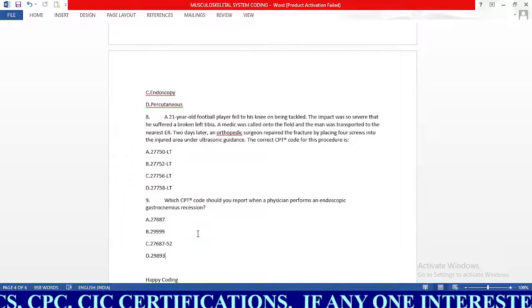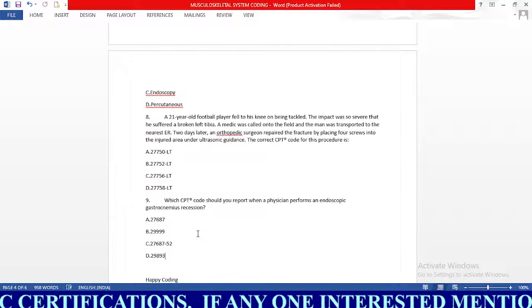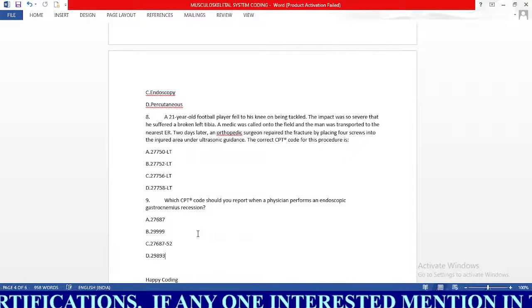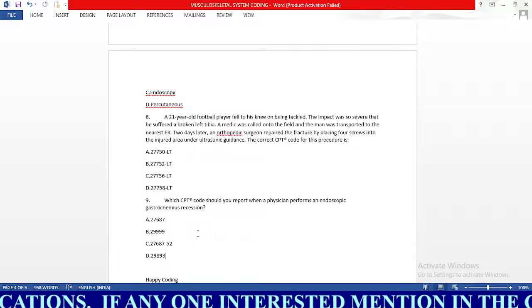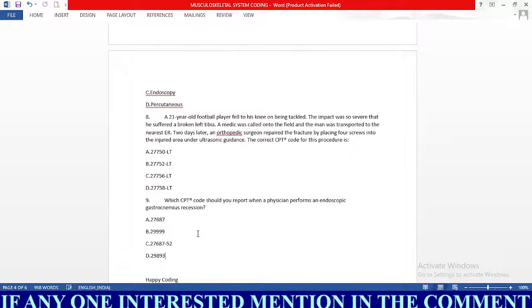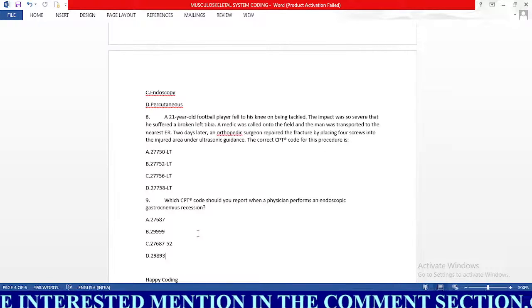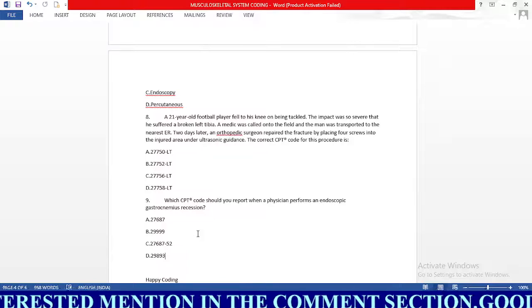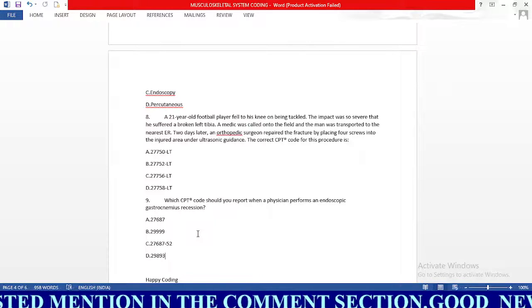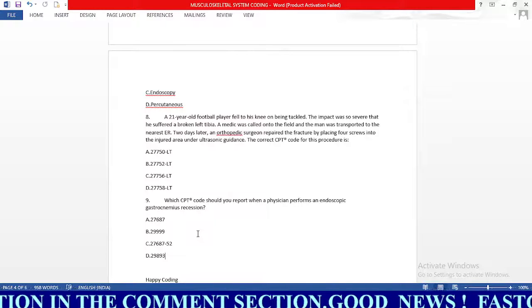For example, if you see 29893, they are mentioning endoscopic plantar fasciotomy. Like that, whether it is colonoscopy or EGD, the physician needs to mention everything. So here the code did not mention anything, but in our scenario, he mentioned endoscopic. So that's why our answer is we don't have the correct procedure code for this gastrocnemius recession. So we need to code an unlisted code here.